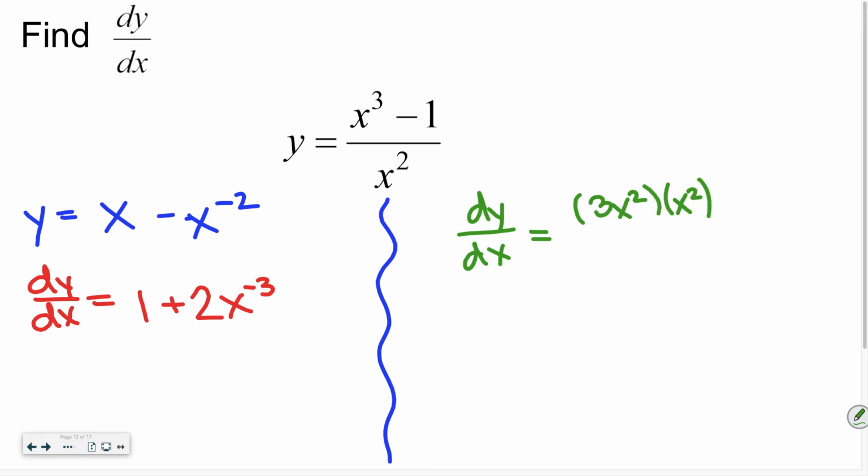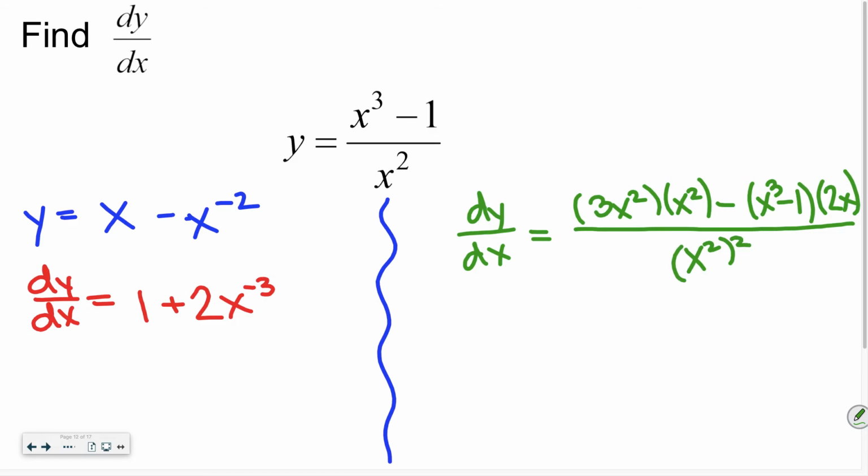We multiply that by our denominator, minus, we take our numerator and multiply it by the derivative of our denominator. Do you believe me that these two are the same? Yeah. You're just going to take my word for it, aren't you?